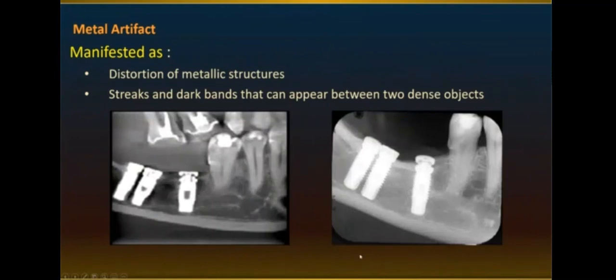So the CBCT for cases with multiple metals or implants may give some false indications due to the streaks, the radiopaque streaks, and the dark bands which appear as an artifact superimposed on the image.